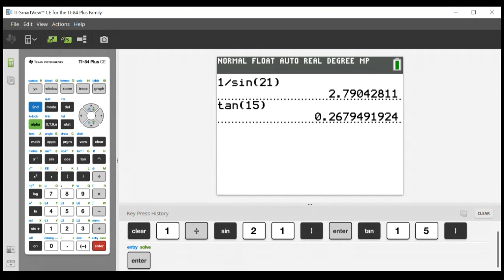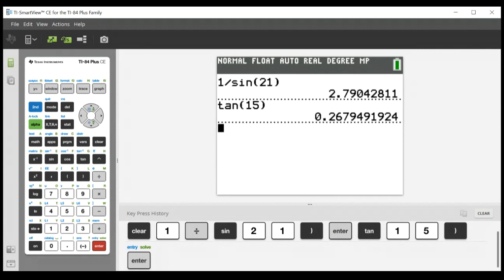And this is going to come out, let's go about 4 decimal places on this one. So we have 0.2679 as our answer.